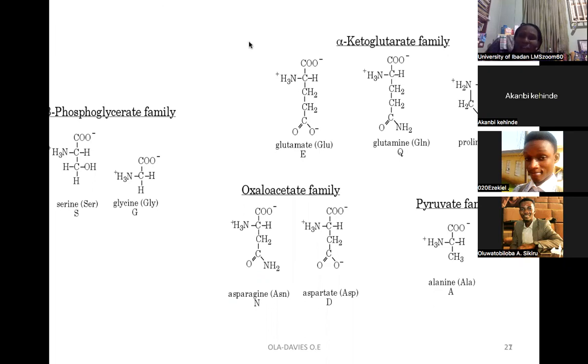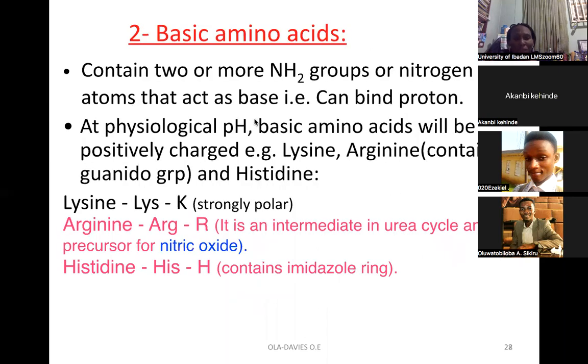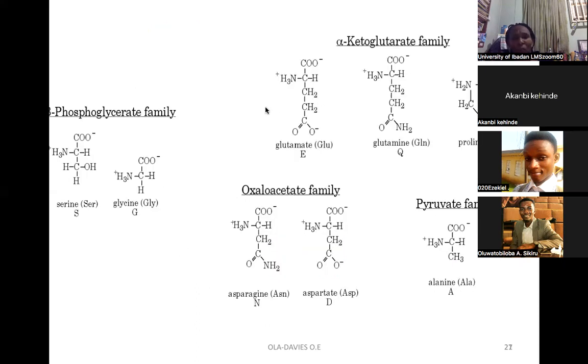Those that have three carbon compounds are the pyruvate family; an example is alanine. And we have those that have five carbon compounds within them: glutamate, glutamine, and proline. Those are in the same family.